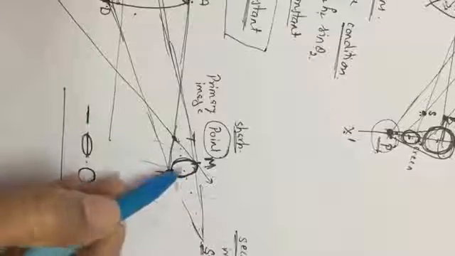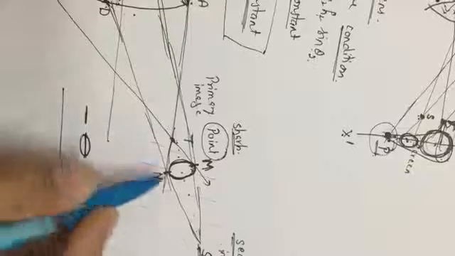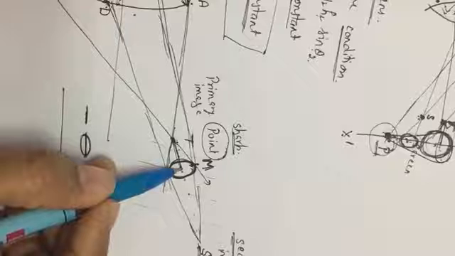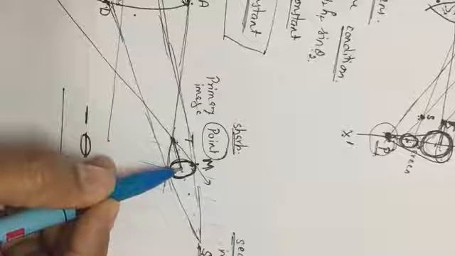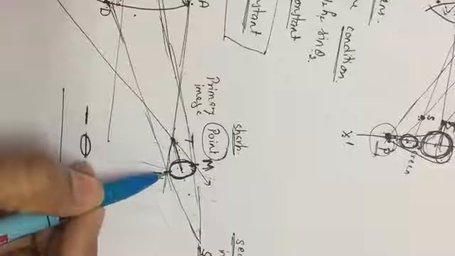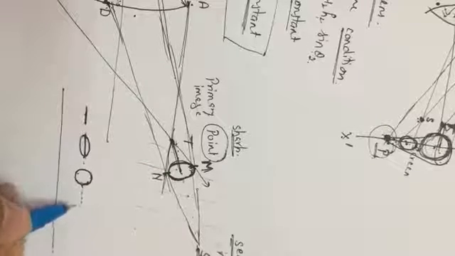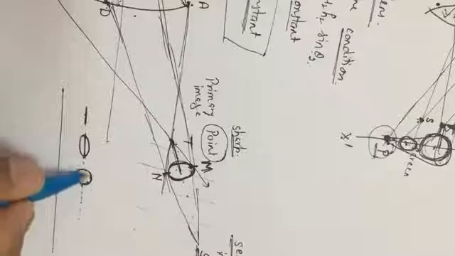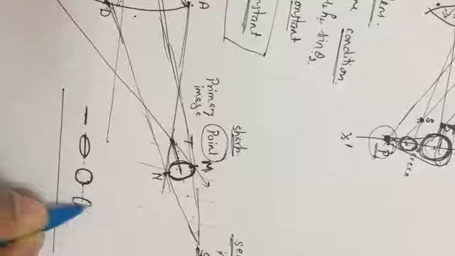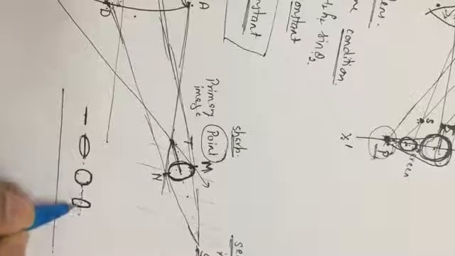This is the position where we get the circle on the screen, and this circle is known as the circle of least confusion. The circle of least confusion is found at the points M and N. If we continue to move the screen towards S, this circle will change into an ellipse, and now the ellipse major axis is no longer parallel to the principal axis.